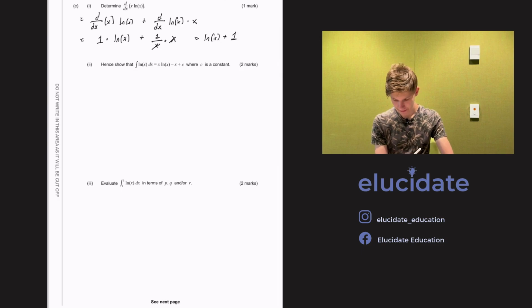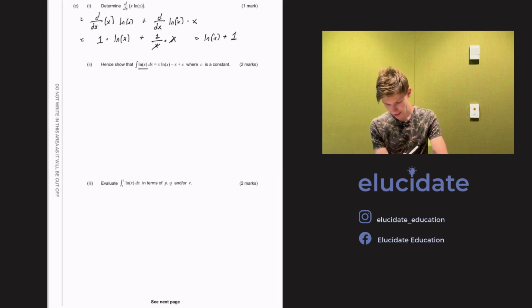Okay, this is a tricky one that I'm sure a lot of people would mess up on. We've got the integral of this thing equaling that. Now, if we take our result from up here, we end up with the equation, the derivative of x ln x equals ln x plus 1.